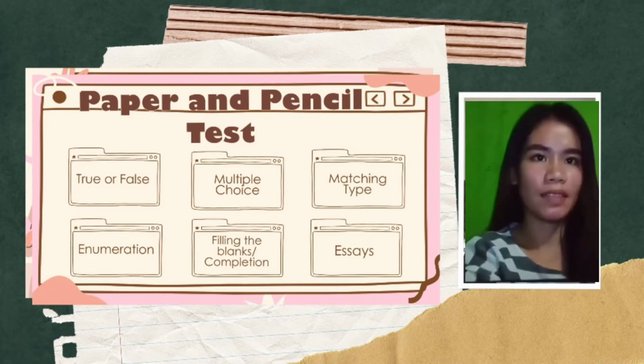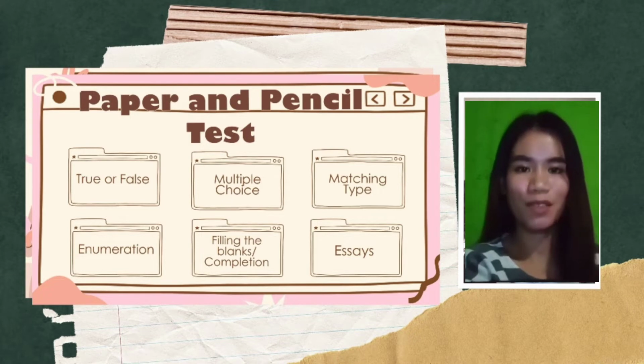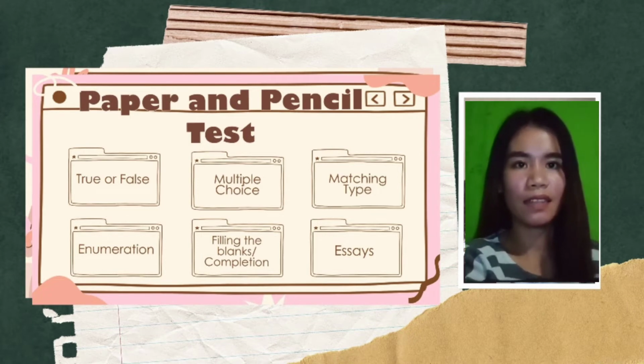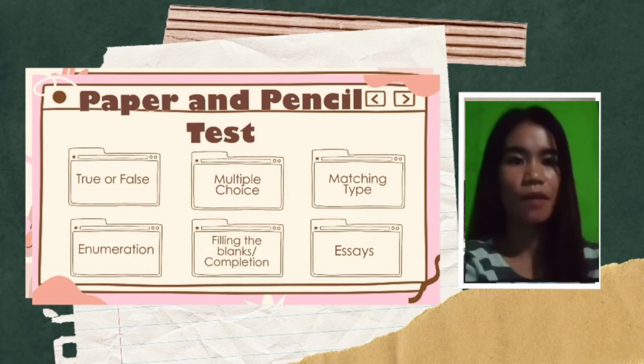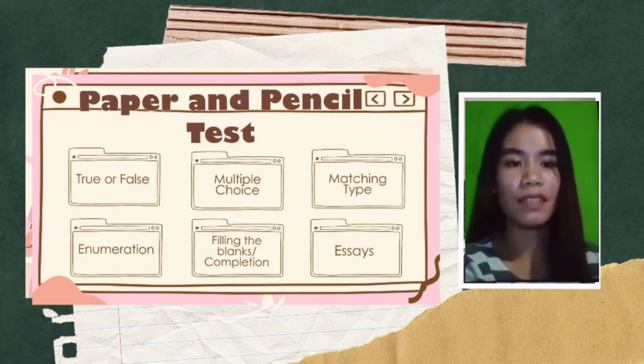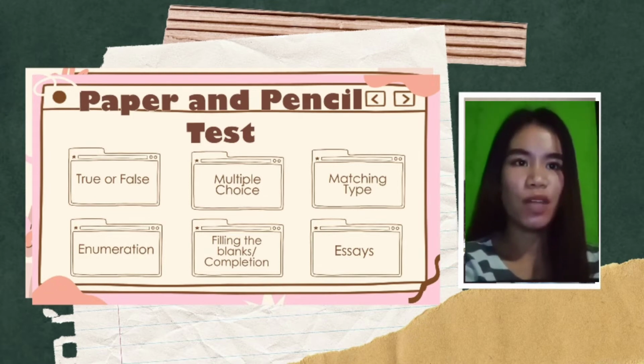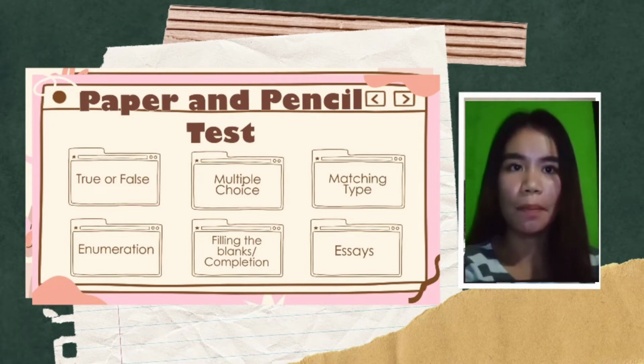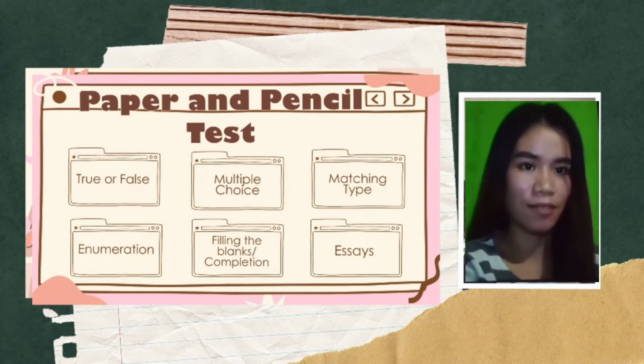Paper and pencil tests can either be selected response or constructed response tests. A selected response item asks students to select the correct answer from a set of options in the item, while a constructed response item asks students to write or construct the correct answer.